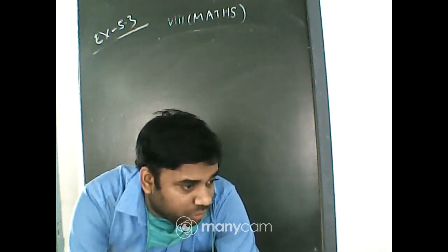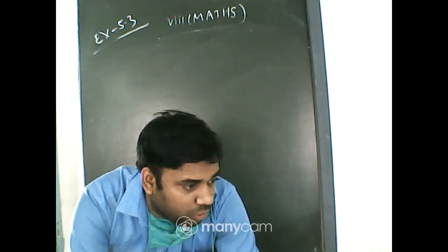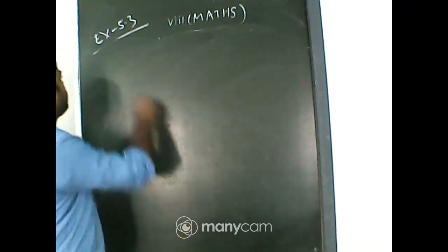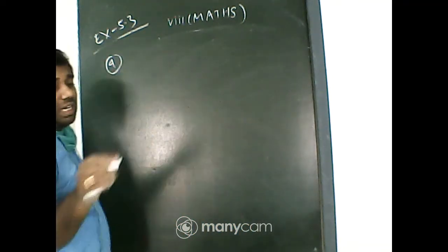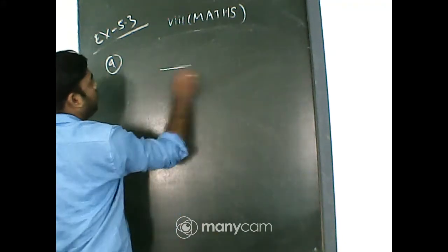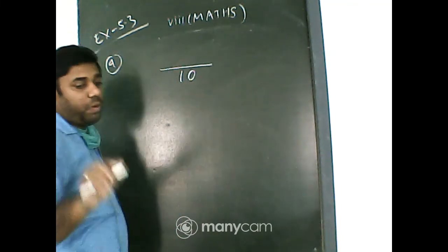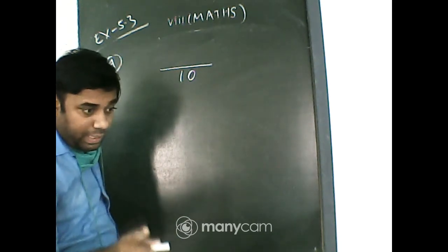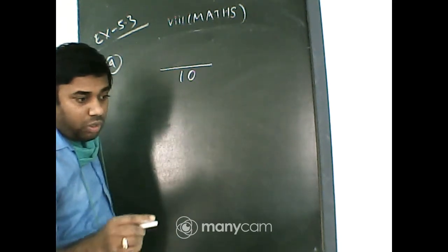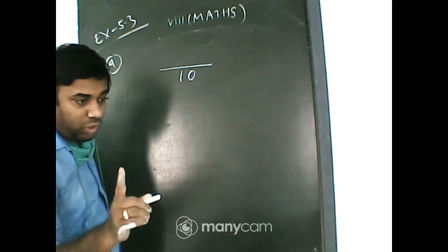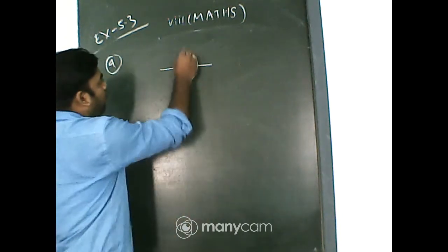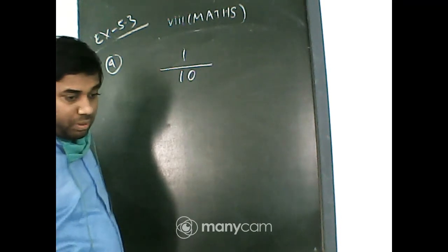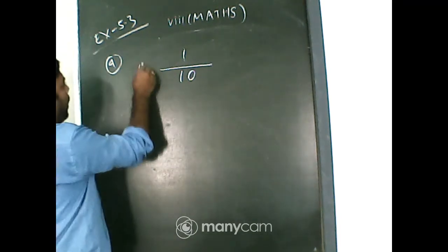One slip is chosen from the box without looking into it. What is the probability of getting a number 6? Very easy sums. First of all, the total number of slips is 10. So the required probability: you want the slip which has 6 written on it, that is only 1. So 1 by 10 is the probability. Got it, everyone? That is question number 1.